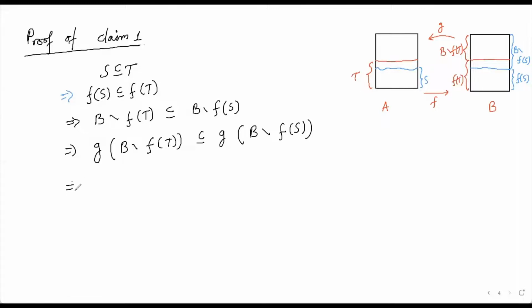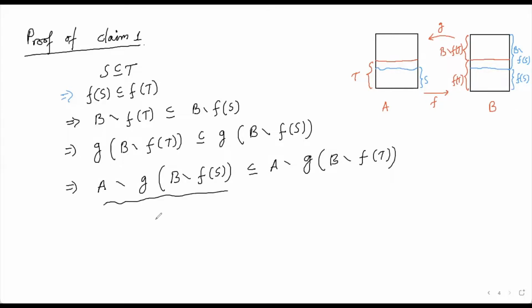And by similar arguments, we have A minus g of B minus f of S is included in A minus g of B minus f of T, and this is nothing but h of S, and this is included in h of T. So this is equal to h of T by definition.